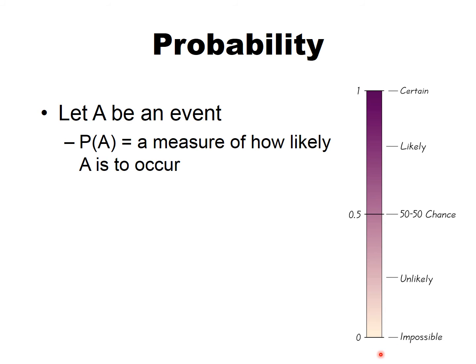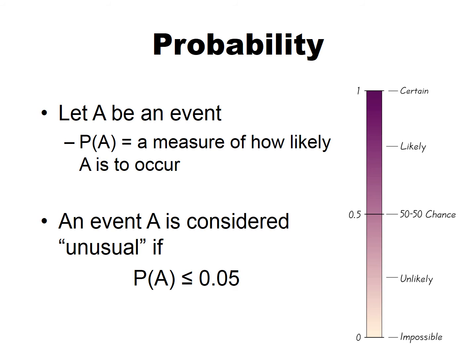A probability of 0 means that that event is impossible, meaning it'll never happen. A probability of 1 means that event is absolutely certain to occur. A probability of 0.5 means there's a 50-50 chance of it happening, so it's just as likely to occur as to not occur. If the probability is greater than 0.5, we say the event is likely. If it's less than 0.5, we say the event is unlikely.